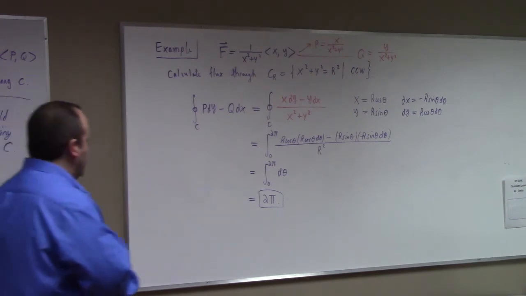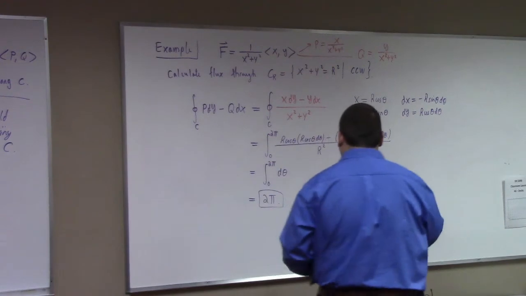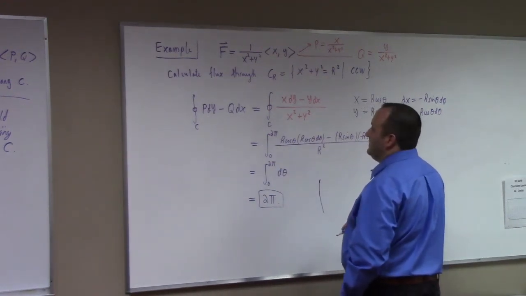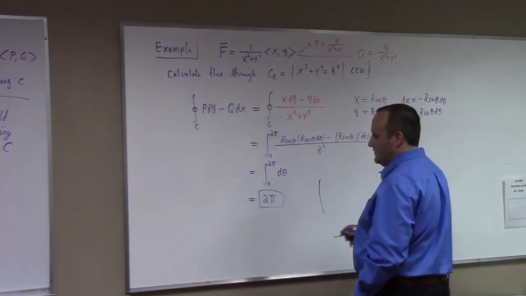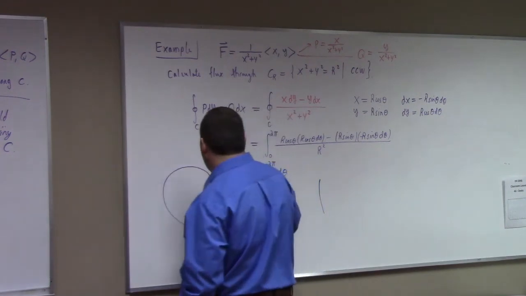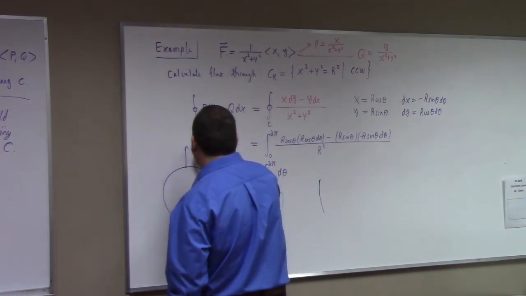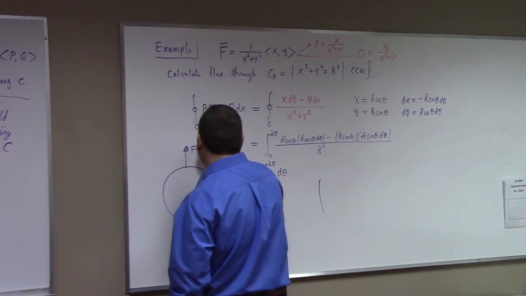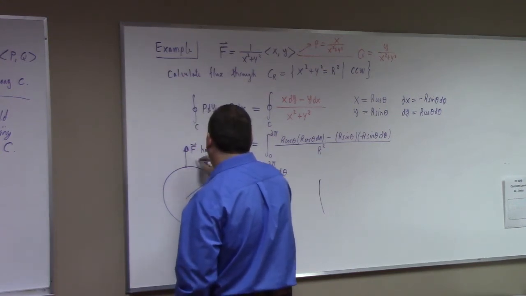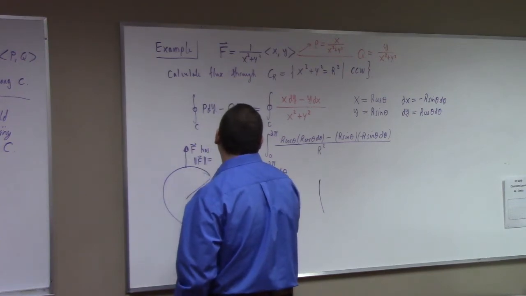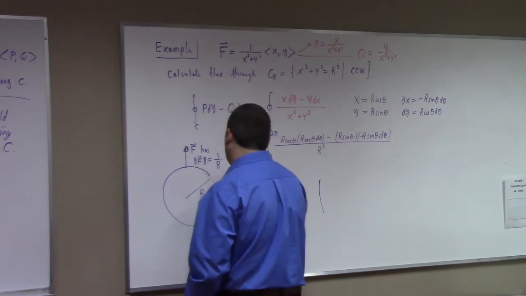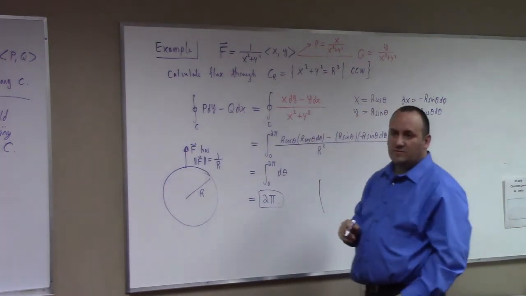We can understand this a different way. So essentially, what's the magnitude of the vector field? If we look at the circle of radius r, and you look at the vector field F anywhere here, what's its magnitude? One over r, right? The magnitude is the reciprocal of r.